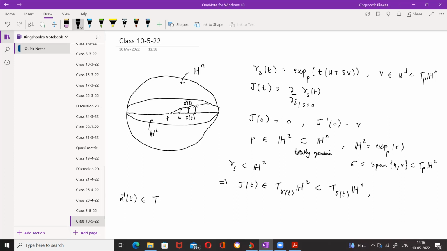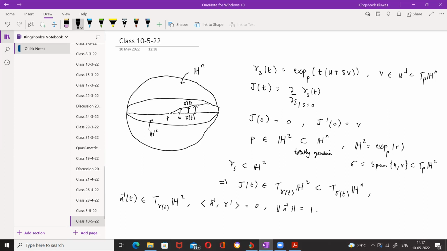Okay, so N of T is in the tangent space to gamma T of H2, such that N vector is perpendicular to gamma prime and norm N vector is 1. Okay, so this is a unit normal vector along gamma. All right.